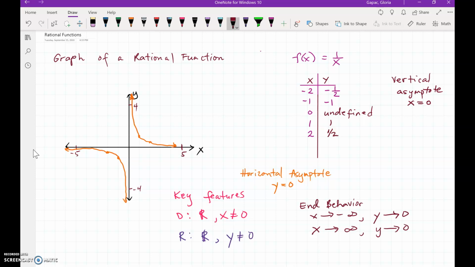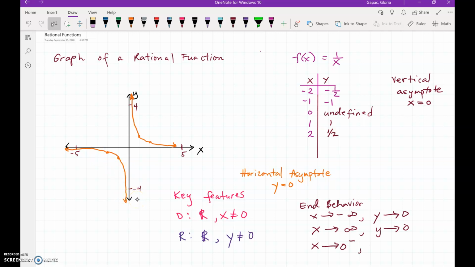I will also introduce to you x approaching 0 from the left side, which is the end behavior coming from the left side getting closer to 0. It's not going to hit 0 because there is no y-intercept as well, so we're just getting closer and closer to 0 coming from the left side.